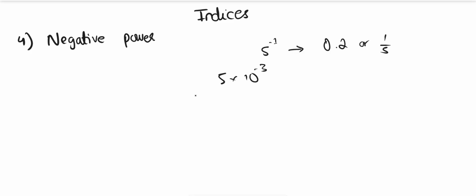When we have a negative power, the methodology is going to be very simple. Whenever we see a negative power, for example, 6 raised to the power of minus 1, first things first, you need to make a fraction. Then you need to write 1 as the numerator.